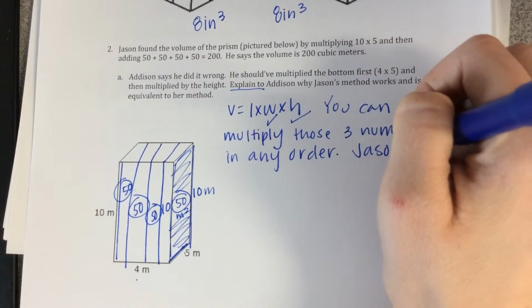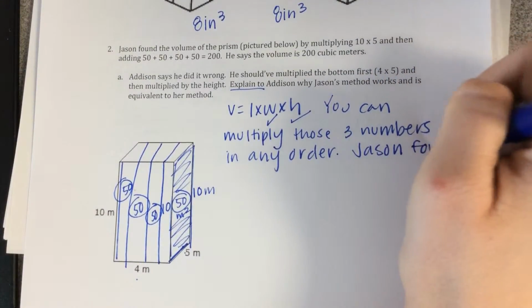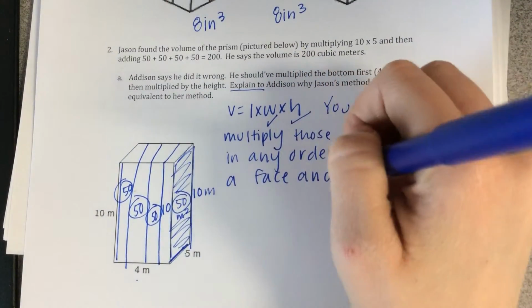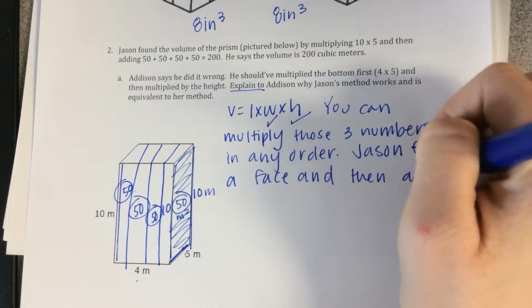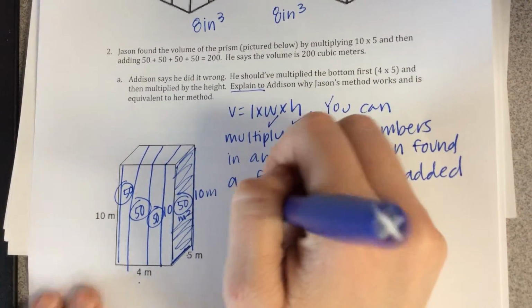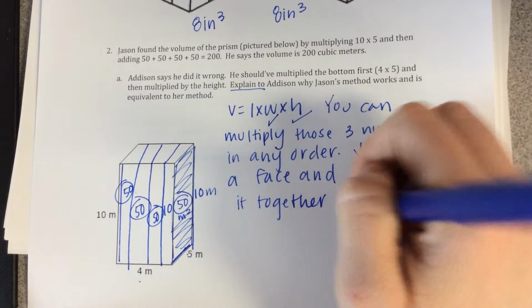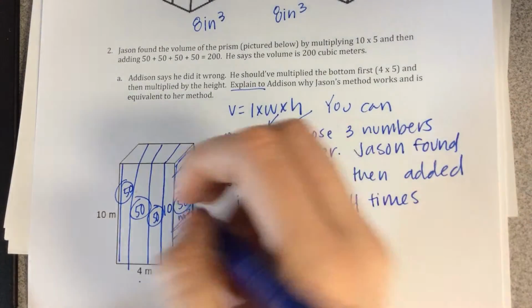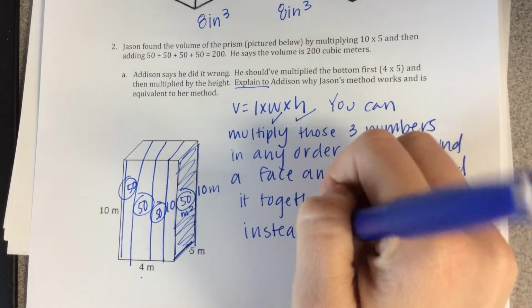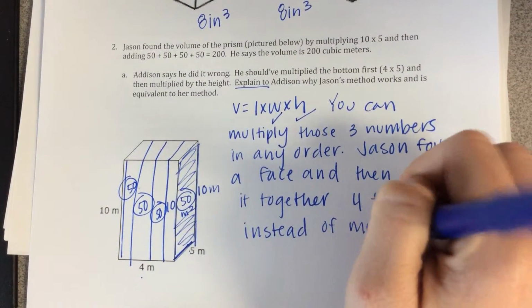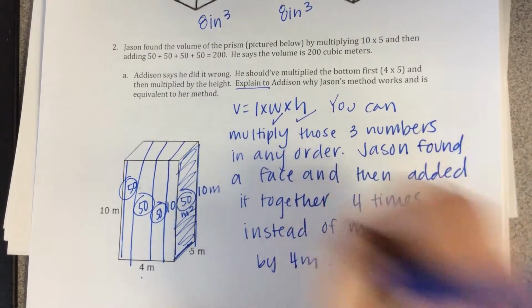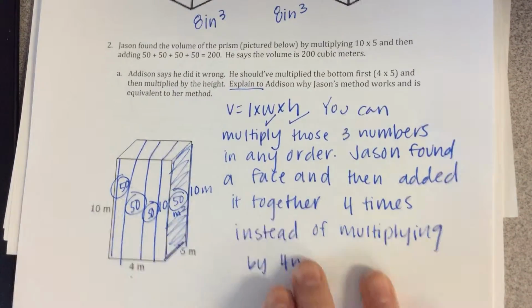Jason found a face and then added it together 4 times instead of multiplying by 4. So that's why it is equal, another way that you could do it.